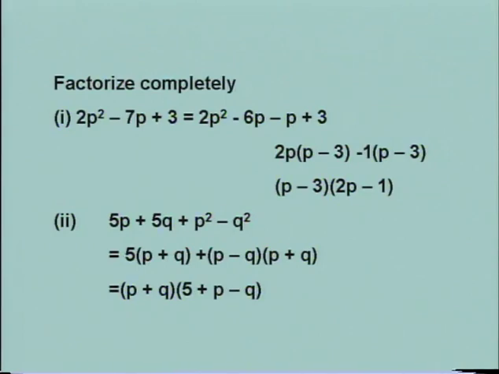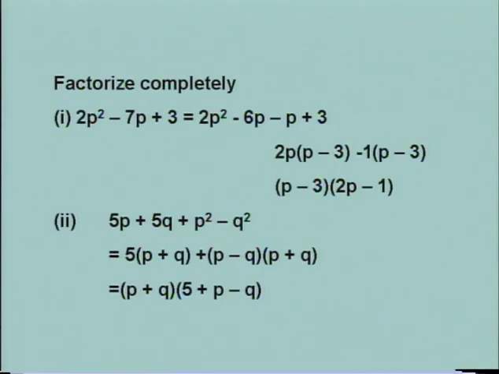Factorize completely. 2p squared minus 7p plus 3 can be rewritten as a four-term expression as 2p squared minus 6p minus p plus 3. Grouping them in pairs, we'll have the first pair factorized as 2p into p minus 3.